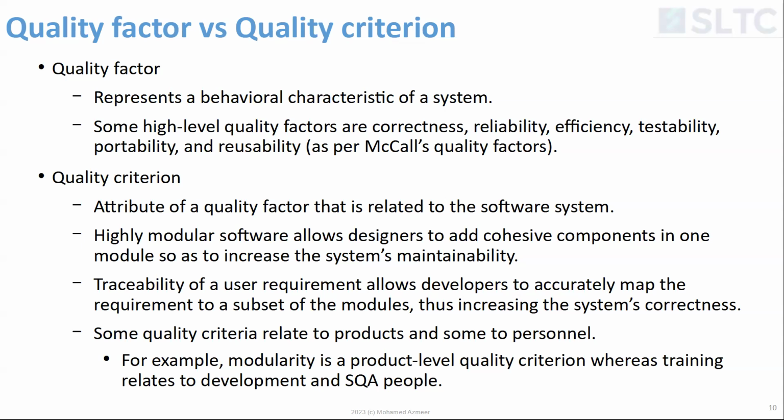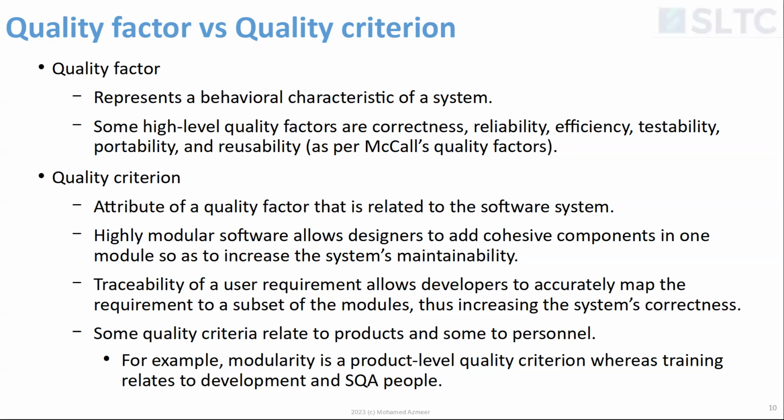Quality factors represent the behavioral characteristics of a system, whereas the quality criterion talks about the quality factor of the system. High-level quality factors are like reliability, correctness, efficiency, testability, portability, and also reusability. These words come from McCall's quality factors, right?